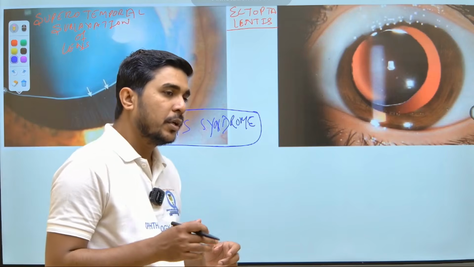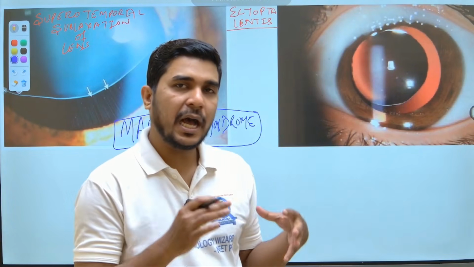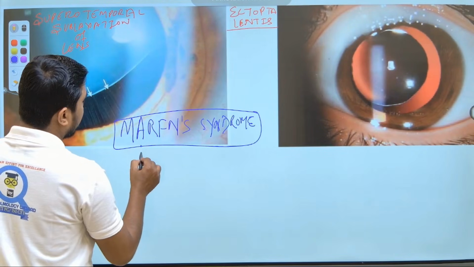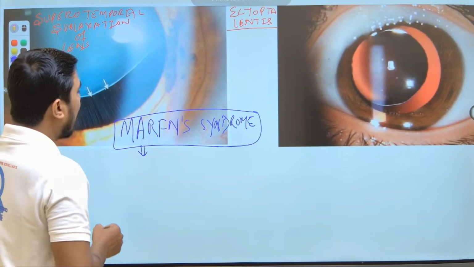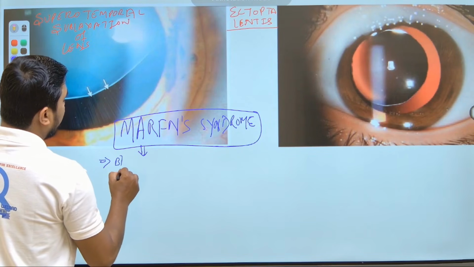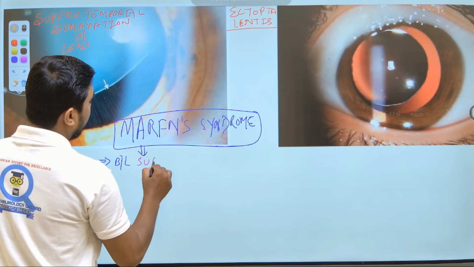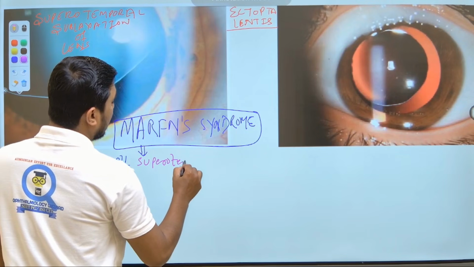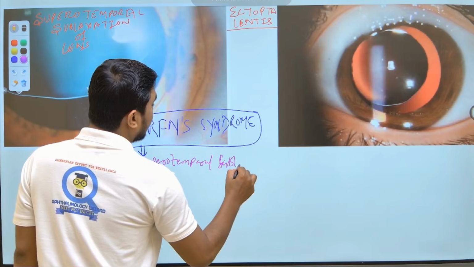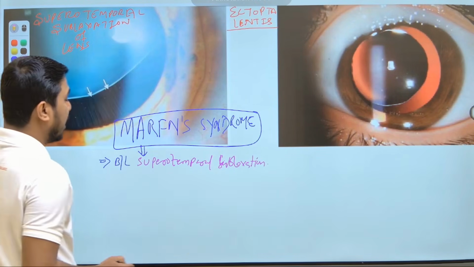Now, a few questions related to all these things have been repeatedly asked in MCQs. Obviously, it's the cardiology things. Marfan syndrome: bilateral superotemporal subluxation.